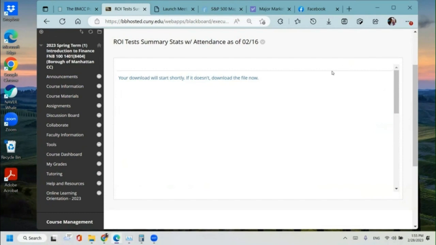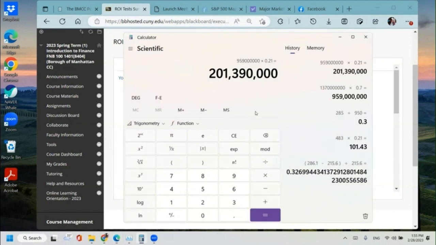101 million. Wait, I'm getting confused. Is that the right answer to the problem? Or is it the 101 million? This is a very large number, 201 million, right?